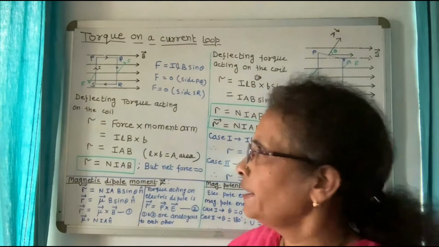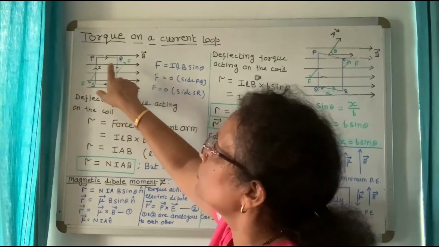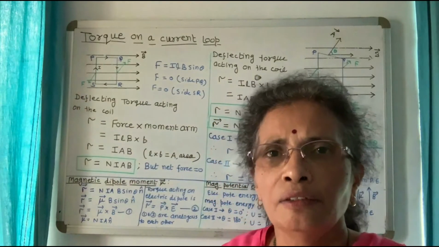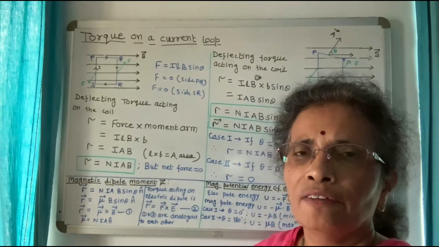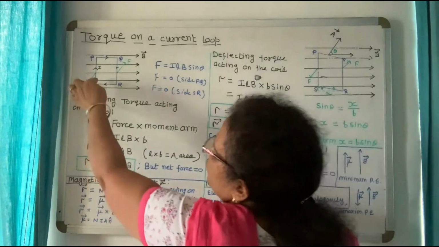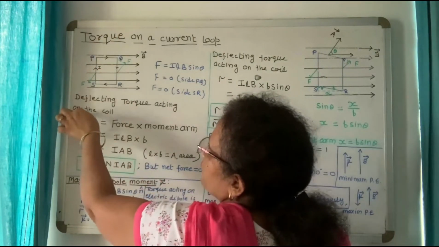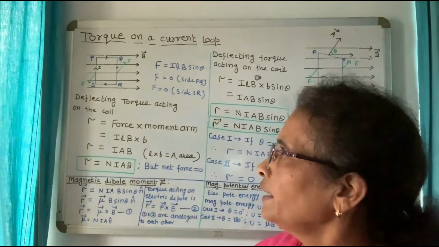I am repeating once again: if two forces act at two different points such that their lines of action do not coincide, they constitute a couple. Lines of action not coinciding means if you extend this force line and that force line in both directions, they do not meet at any point.